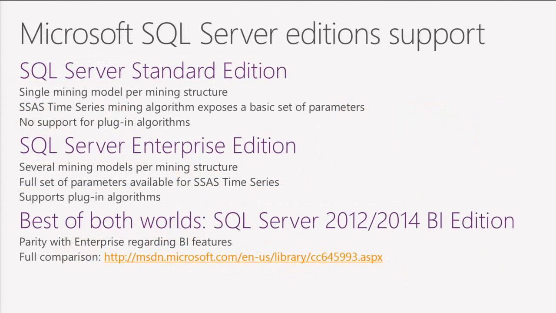So how does the system behave based on the different versions of Microsoft SQL Server? Basically, if you buy the standard edition of Microsoft SQL Server, you will get a single mining model per mining structure. This means that all the historical data will be put into one mining model.